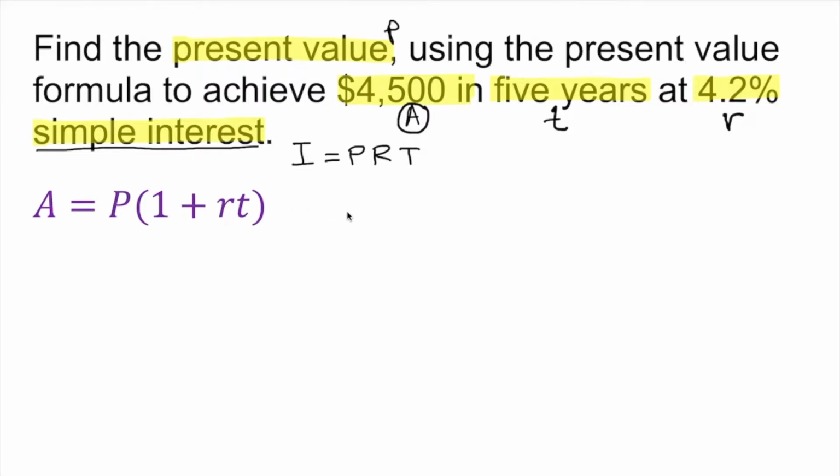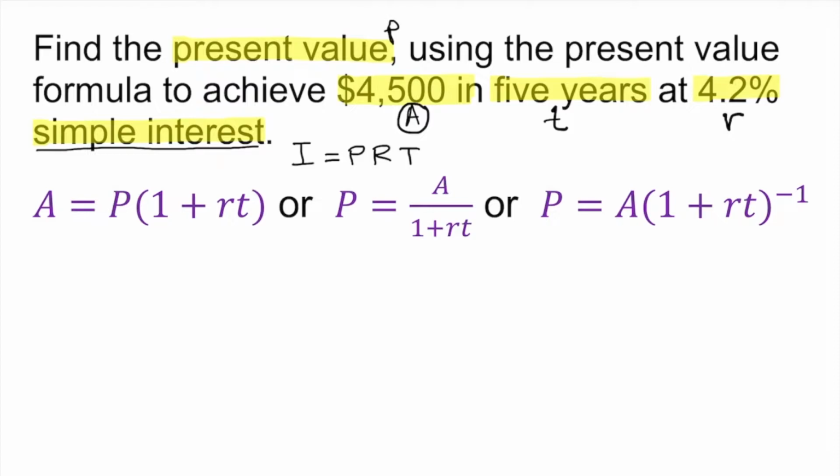We can come up with a present value formula from the future value formula. If we divide both sides by 1 plus RT, isolating P, we easily get that one. We can also get another form with a negative exponent. For example, if this is on the bottom, its power is always 1, so we can move it upstairs by having a negative exponent.